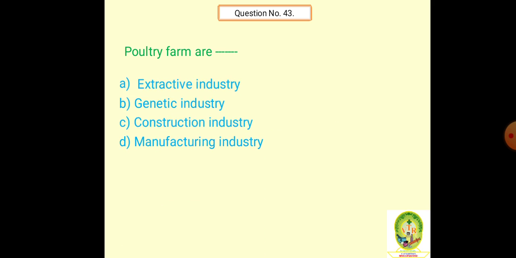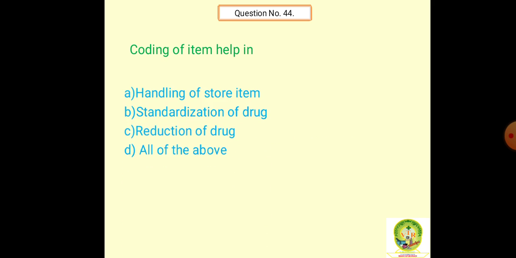Voluntary farm is dash dash dash. Options are A. Extractive industry, B. Generic industry, C. Construction industry, D. Manufacturing industry. Right answer is B. Coding of item helps in, options are A. Handling of store item, B. Standardization of drug, C. Reduction of drug, D. All of above.